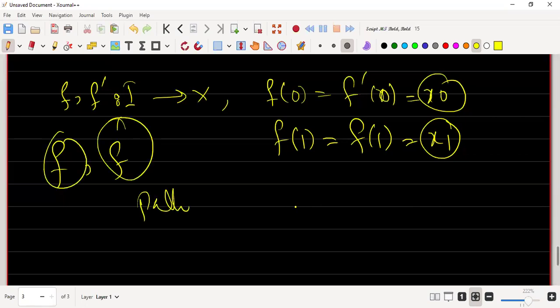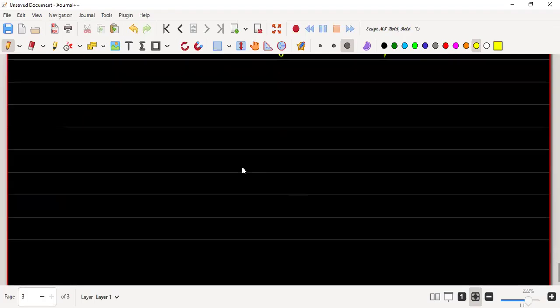When will they be path homotopic? According to the definition, if there exists a continuous map. What type of continuous map?